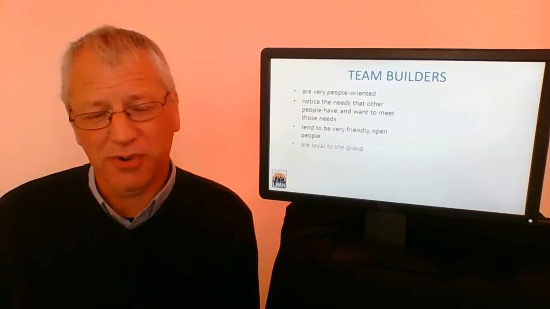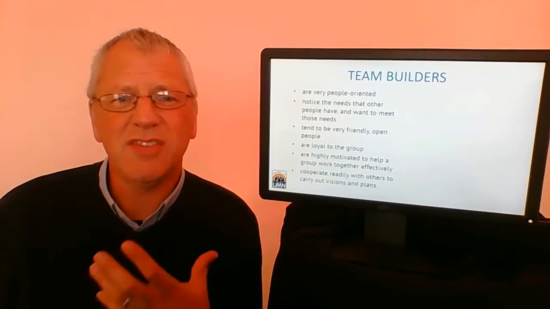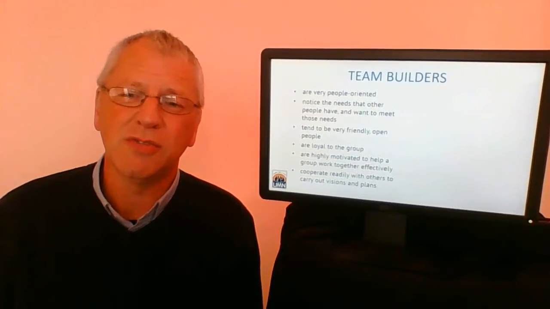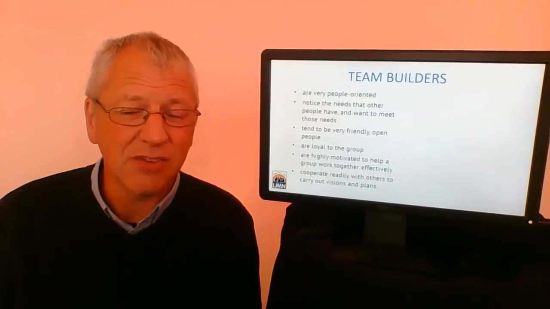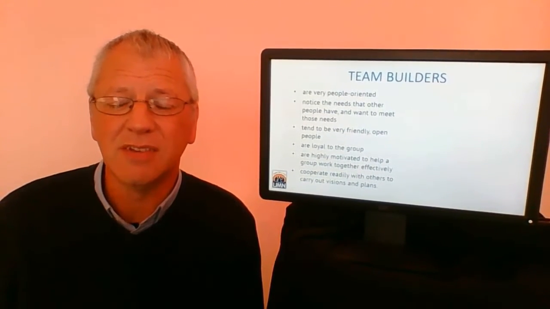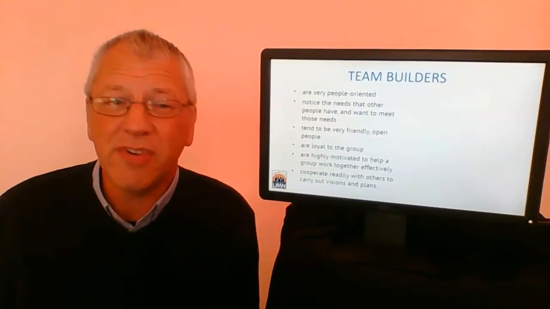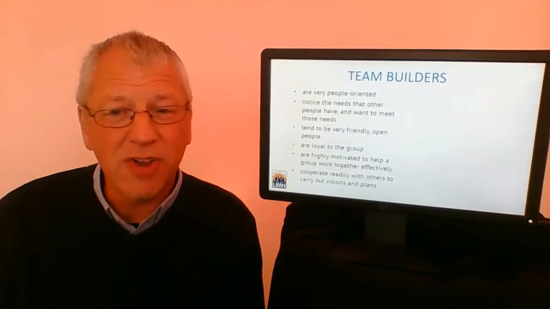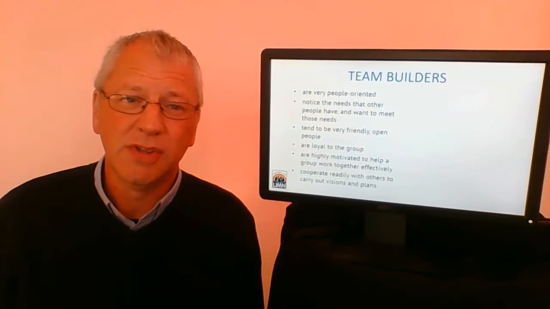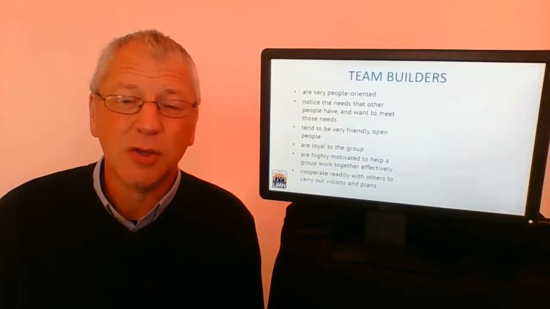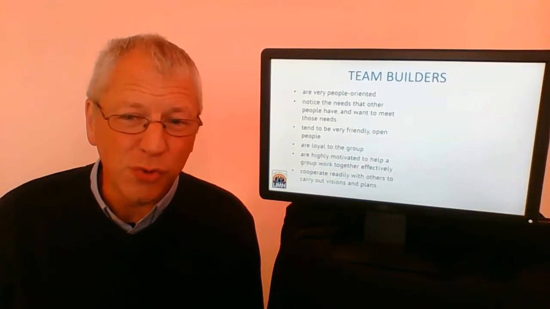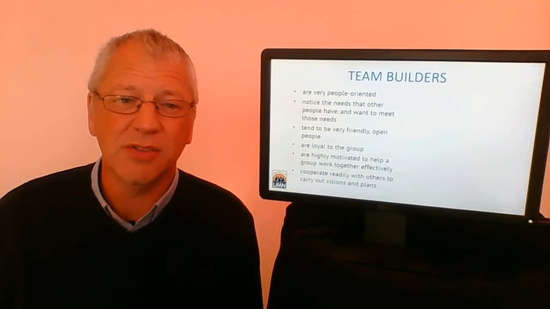Team builders. Team builders are very people orientated. They notice the needs that other people have, and they will want to try, if they can, to reach out and meet some of those needs. They tend to be very friendly people, very open. They're often very loyal to the group. They're often highly motivated, but they want to work together as a group. They're not going to go forging ahead on their own.